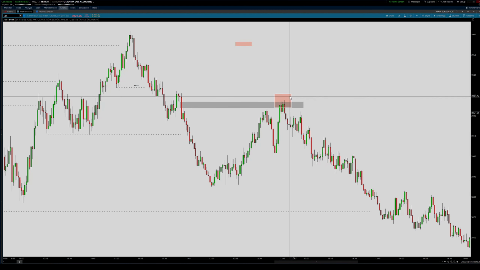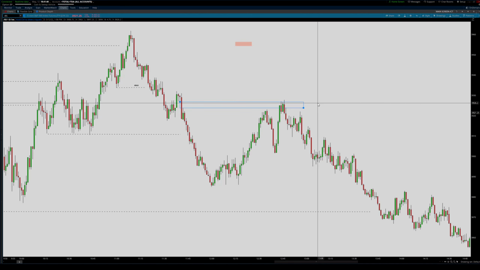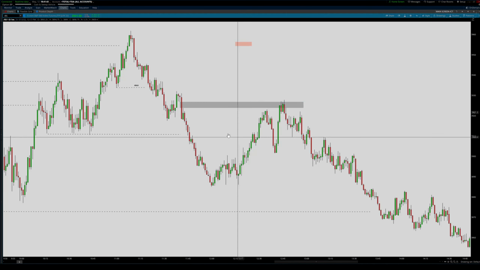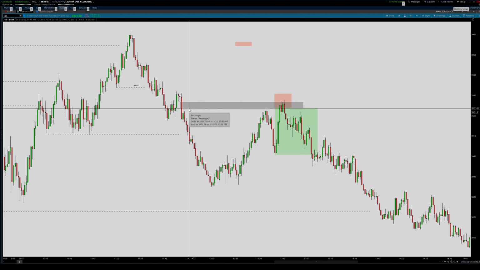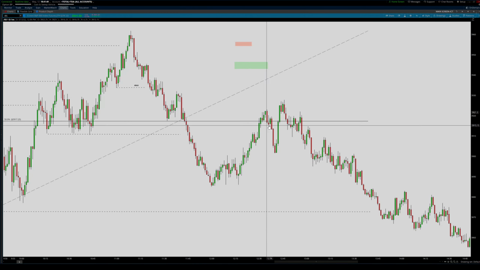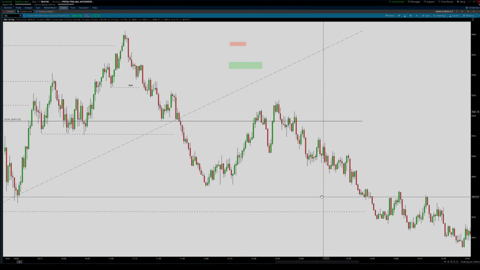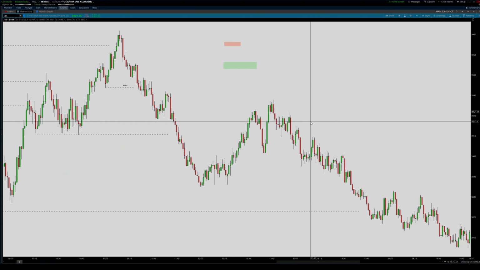So pretty decent add there once it came back above that equilibrium price, right? Yeah, see how it came back above that equilibrium price. So then it's in a premium, so you sell down, or discount depending on which way you're looking at it.